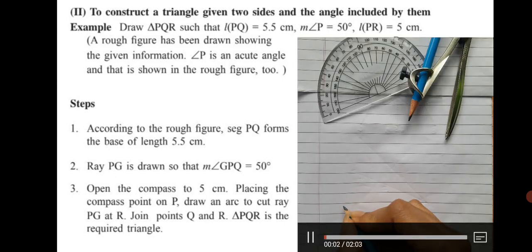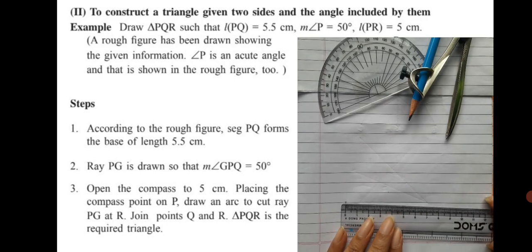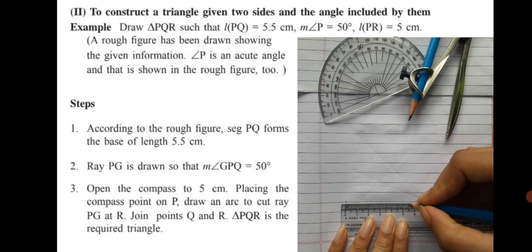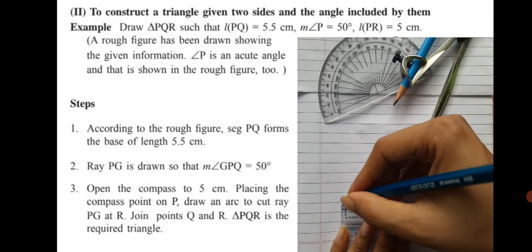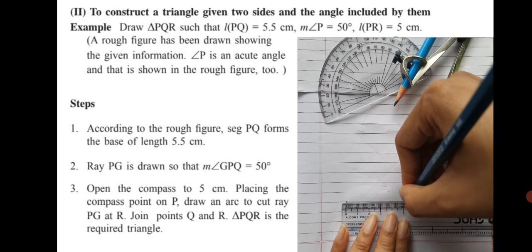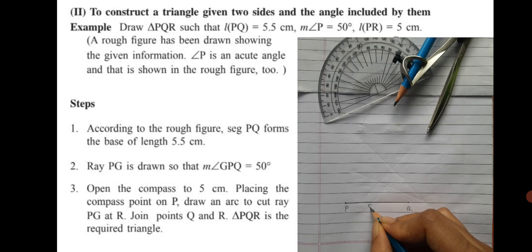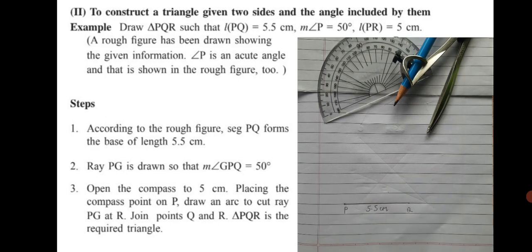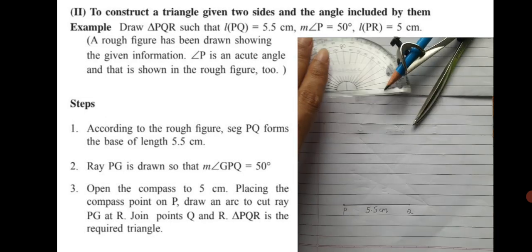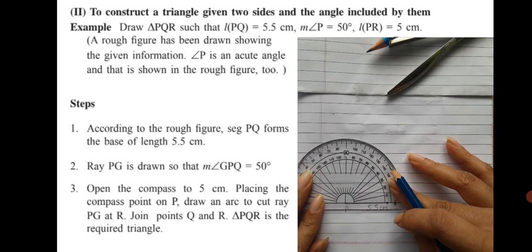So, your first step will be, according to the rough figure, seg PQ forms the base of length 5.5 centimeter. So, we take a scale and with the help of the scale, we mark exactly 5.5 centimeter segment which is named as seg PQ. So, write the measurement 5.5 centimeter. Once seg PQ is ready, you will have to construct the angle P which is given to be 50 degree.